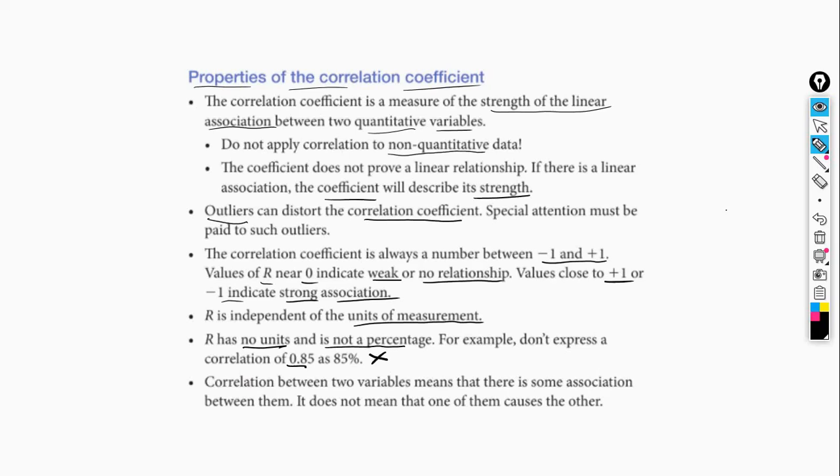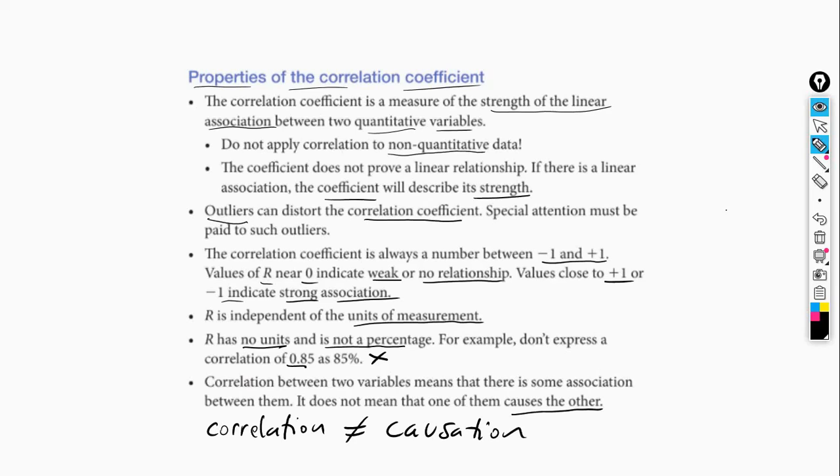This would be wrong. Then finally, correlation between two variables means that there's some association between them, but it does not mean that one of them causes the other. And this is a very important point because correlation does not mean causation.